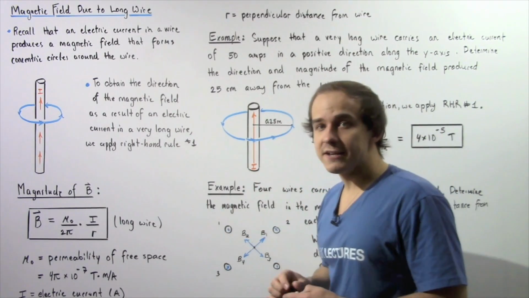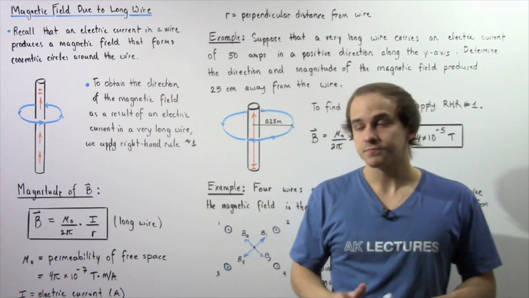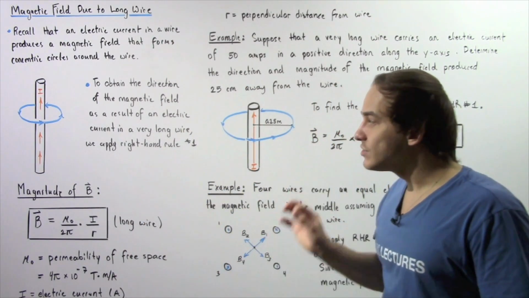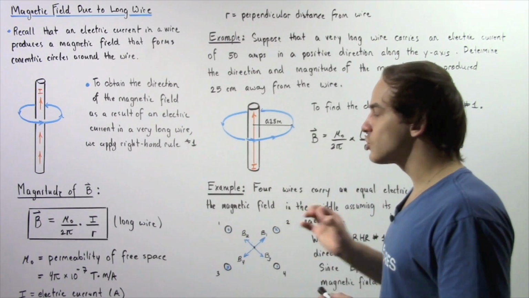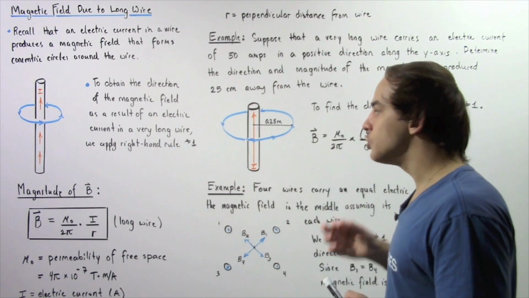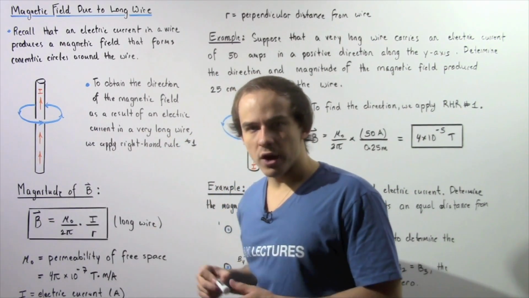And recall that magnetic field has both direction and magnitude. It's a vector. So the magnitude of our magnetic field B, which is given in Teslas as a result of a very long conducting wire, is given by the following equation.